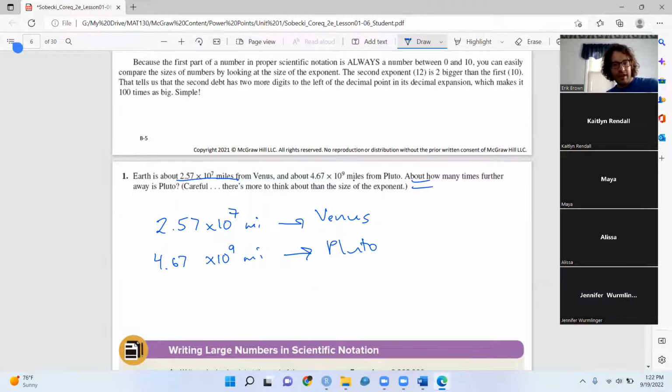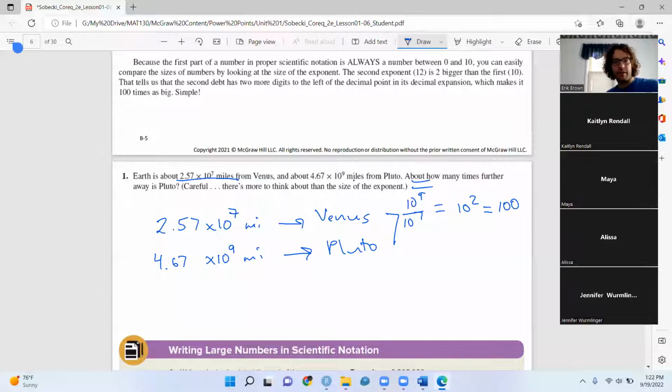We can ignore this part and just look at this and say there's a difference of 10 to the second power between these two. So we got 10 to the 9th divided by 10 to the 7th, which is 10 squared. And 10 squared is 100 times. So they're about 100 times apart.